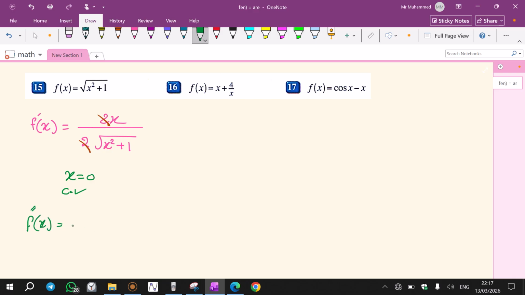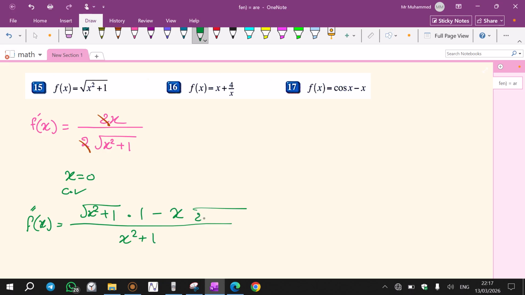F double prime x equal to, this time it's quotient rule, denominator power 2, the radical goes away. X squared plus 1. Denominator again, square root x squared plus 1. Multiply by derivative of numerator is 1. Minus x multiplied by derivative of the denominator.